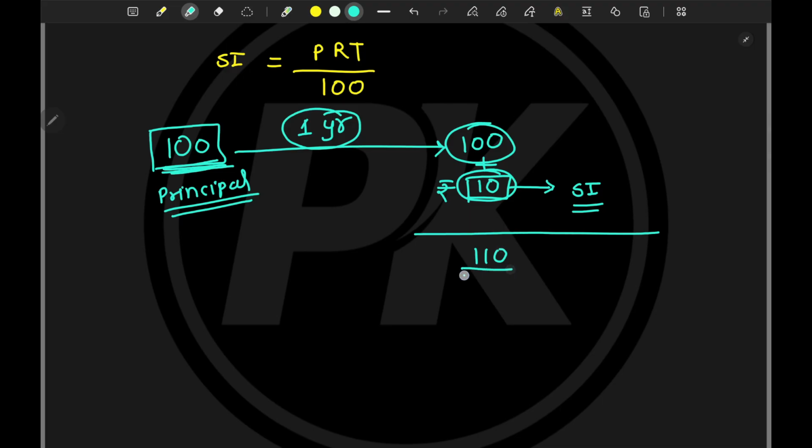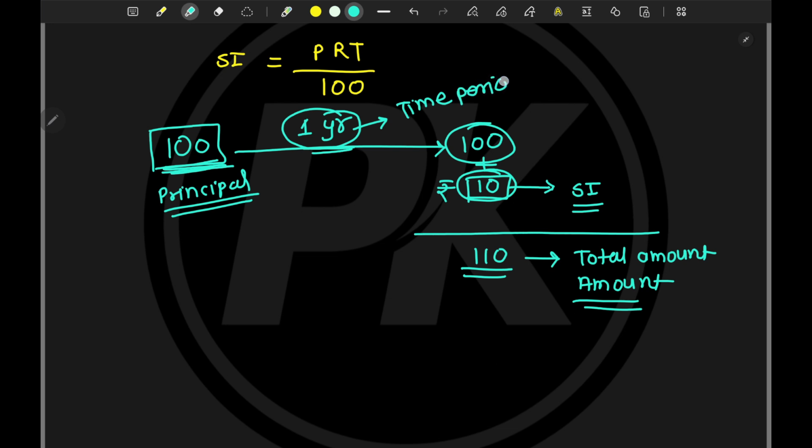It is 110. So we call it the total amount, or we can simply call it amount.